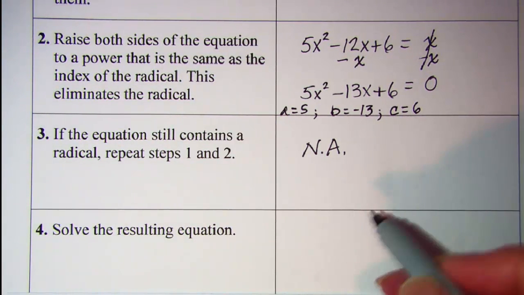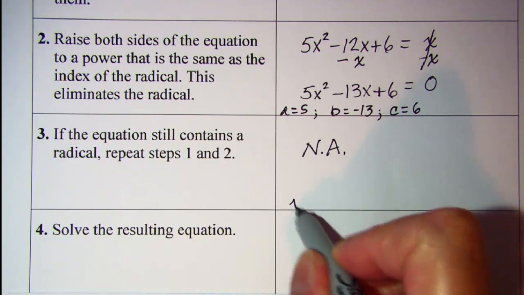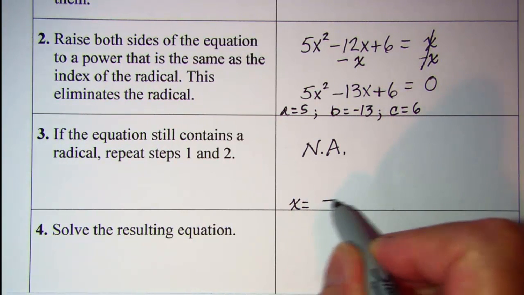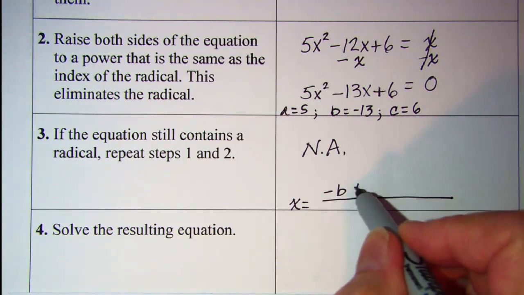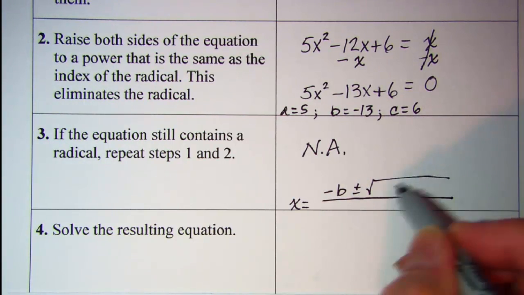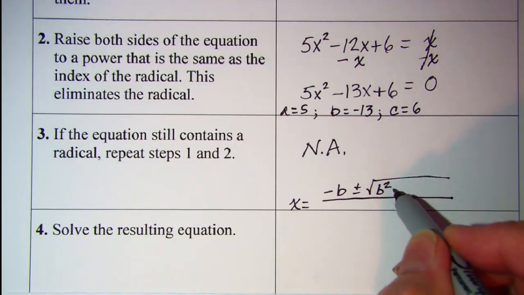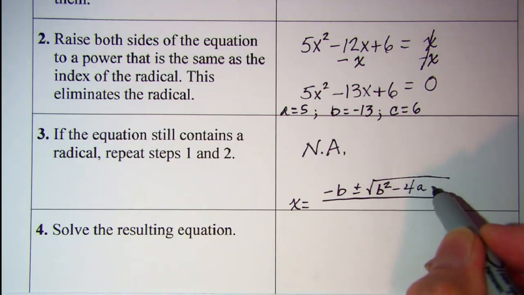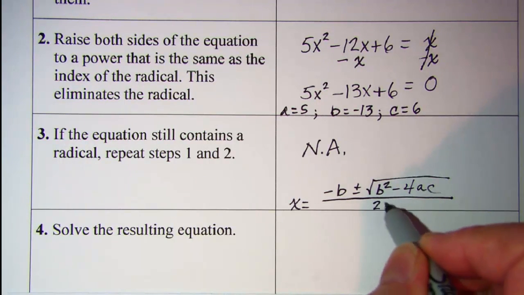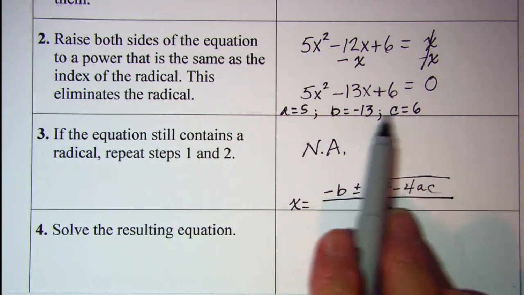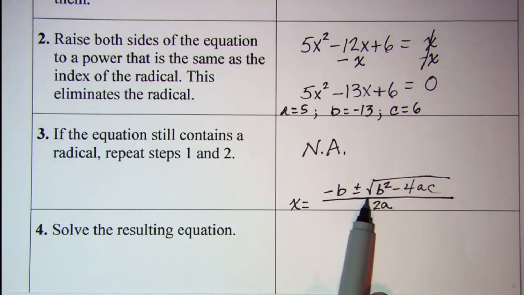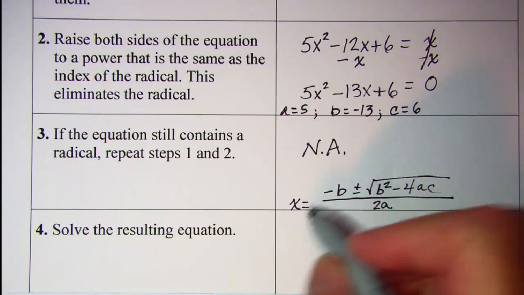My quadratic formula is x is equal to the fraction negative b plus or minus the square root of b squared minus 4ac, all over 2a. So now I'm just going to put these values into my formula in place of each of those variables.